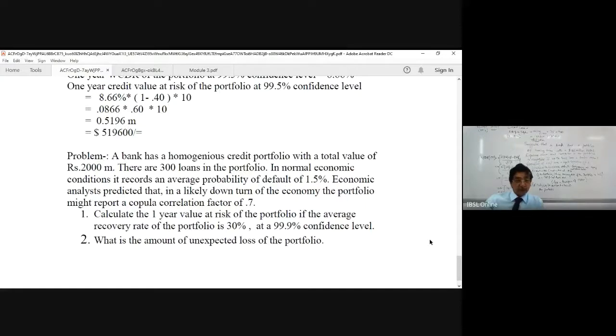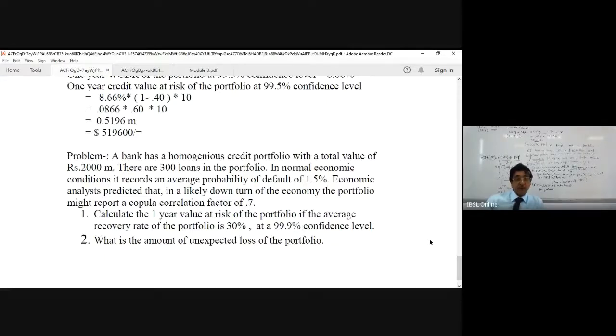In order to calculate the value at risk, first calculate the WCDR, that is the worst case default rate of the portfolio for a period of 1 year at a confidence level of 99.9%. Just put the values into the formula and do the calculations, because if you do it with me, then you get the skill to work out this type of example.